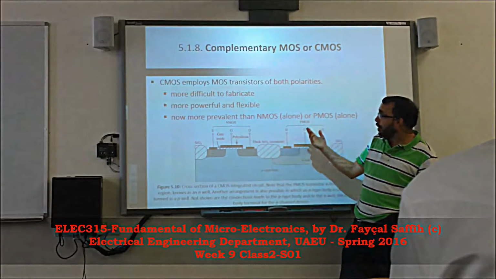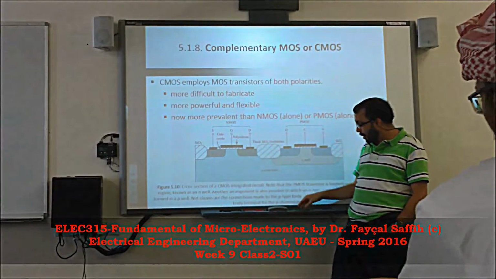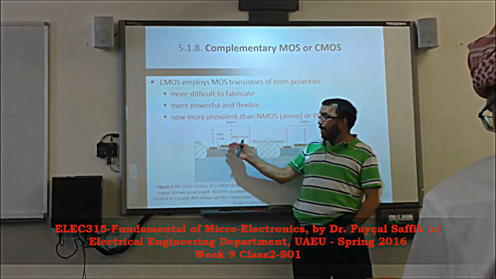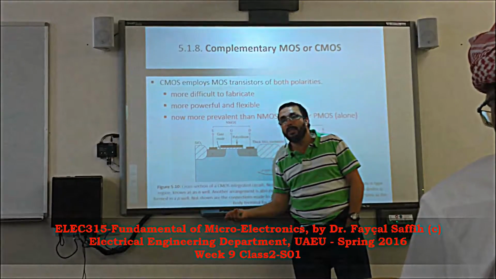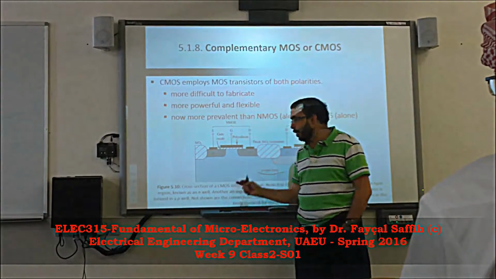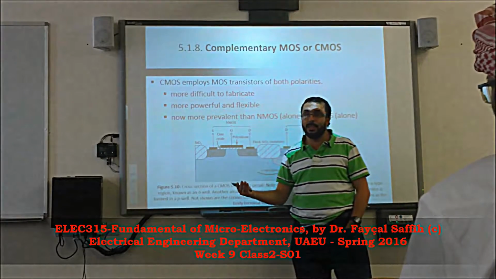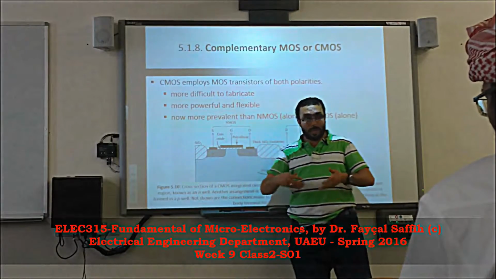Number two, if we use the same substrate, let's say it's a P-type, I can build on it an NMOS, yes or no? But what about the PMOS? I need an N-type. For that, they invented what they call wells, which are basically deep implantation, and they call them wells because they are like wells.